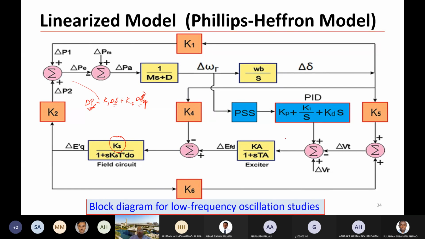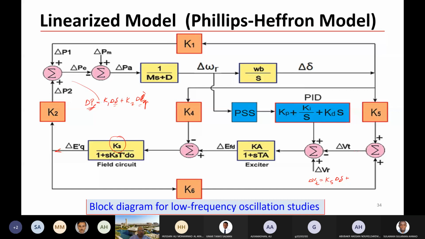The same for VT. Here you have delta V reference minus delta VT, and delta VT is a summation: delta VT equal to K5 delta delta plus K6 delta EQ prime, which comes from this signal.